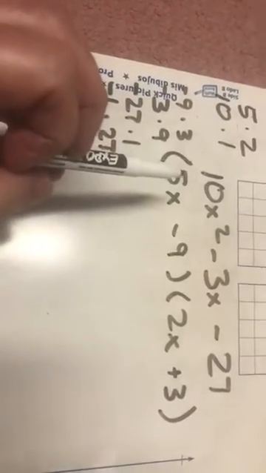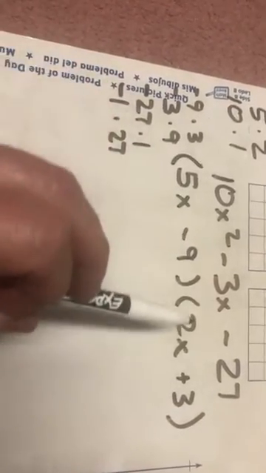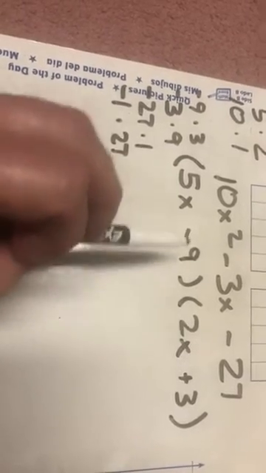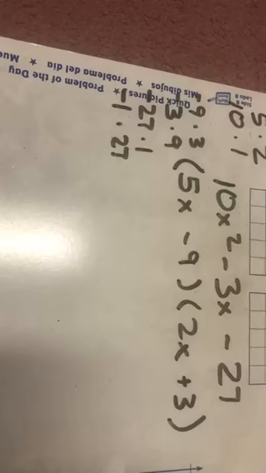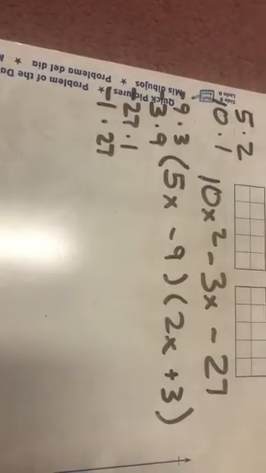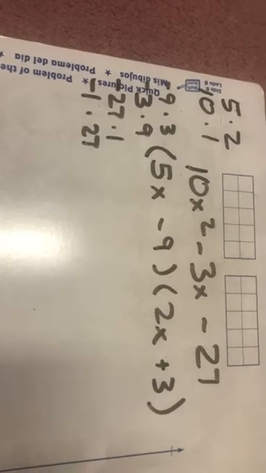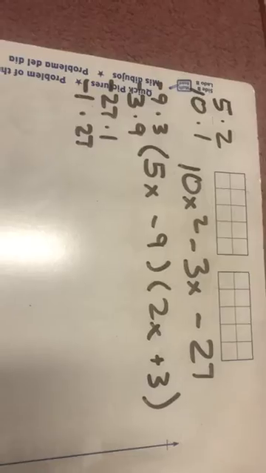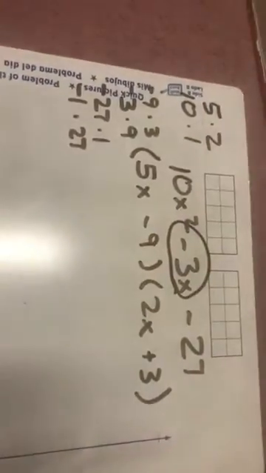I have negative 9 times a positive 2. That's negative 18x. Okay? 5x times a positive 3 is a positive 15x. When I have a negative 18x and a positive 15x, that combines to be a negative 3x.